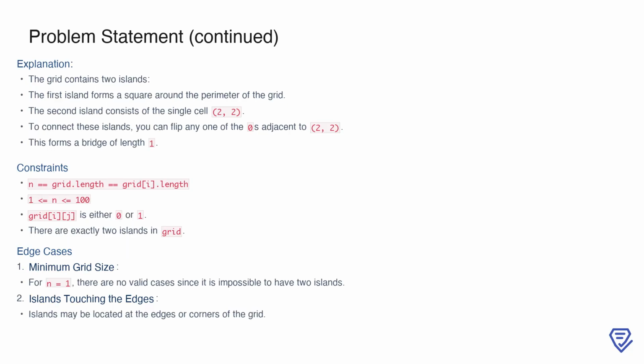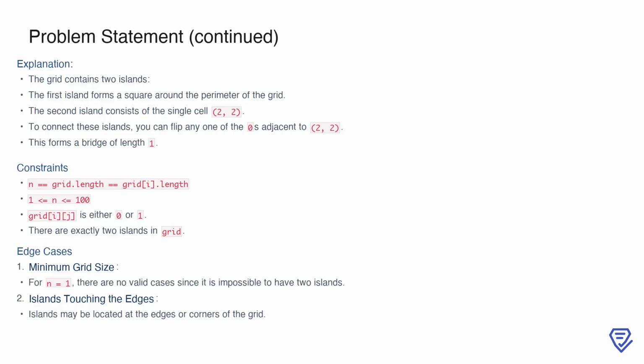To summarize, the problem comes with a set of constraints that you need to keep in mind while designing your solution. First, the grid is always square, meaning the number of rows equals the number of columns, and the size of the grid ranges from 1 to 100. Second, each cell in the grid can only be 0 or 1, and there are always exactly two islands. Finally, there are a few edge cases to consider.